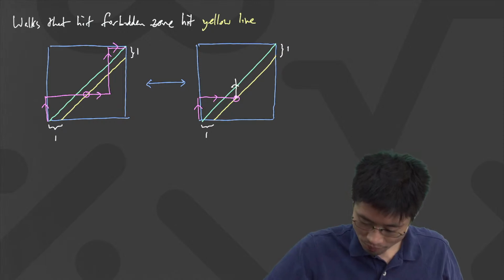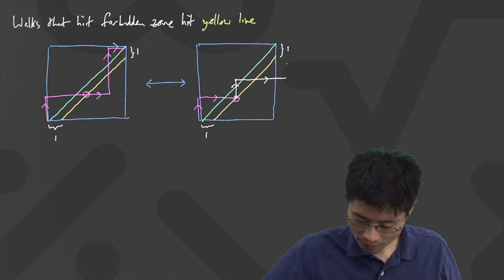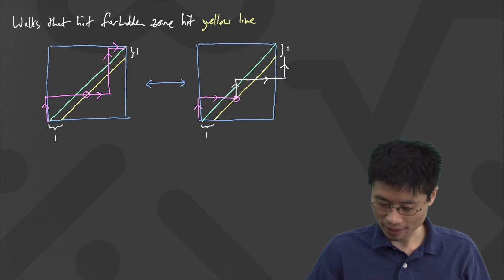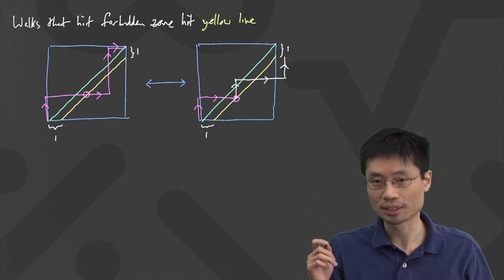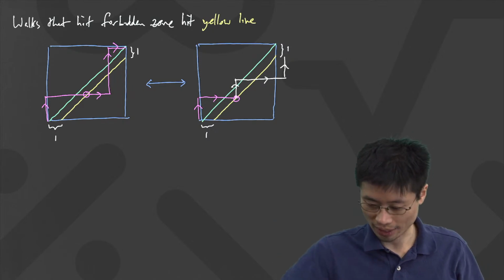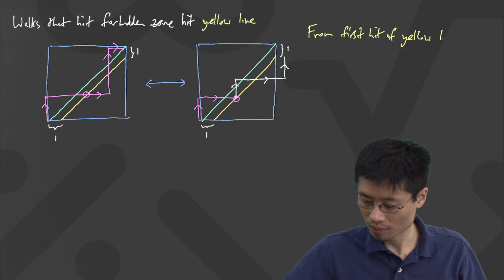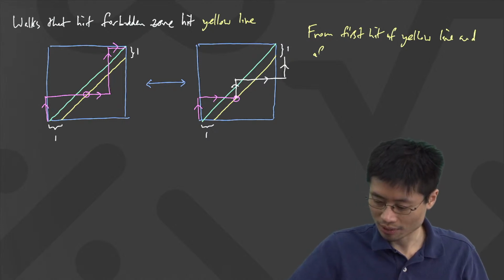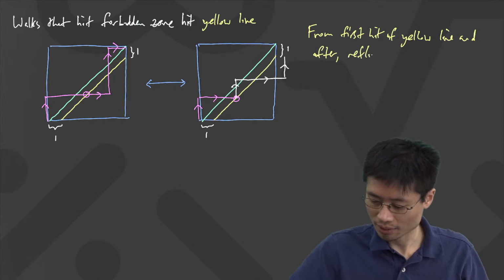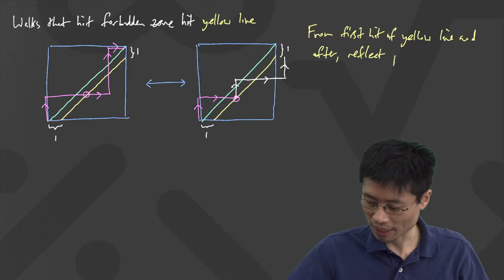It'll go up, then across, and then it will go up. And what I've just done here is, from that first hit point thereafter, I reflected across the yellow line. From the first hit of the yellow line and after, reflect the path over the yellow line.